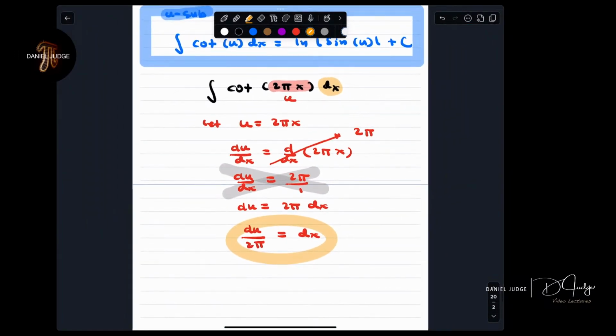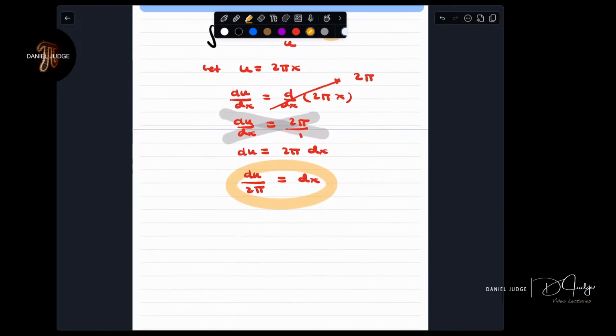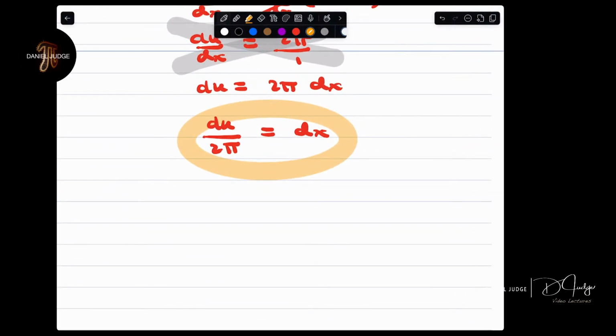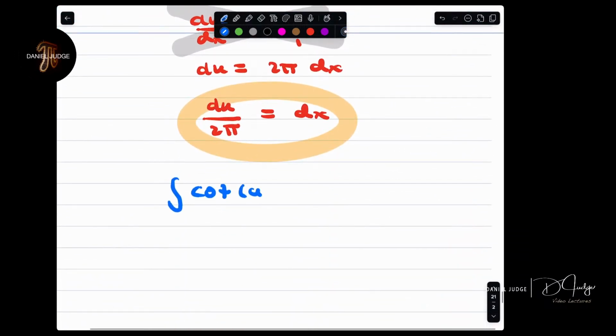Okay, there's your dx. Now let's look at what we're doing here. We're going to apply that u substitution. And now, ladies and gentlemen, this is what we end up with: the integral of cotangent u, and our dx, remember, is du over 2 pi. You get to pull out your constant.